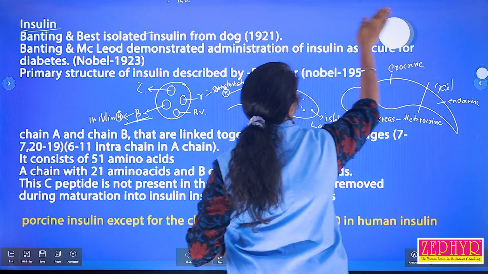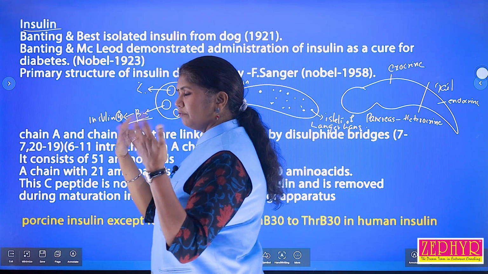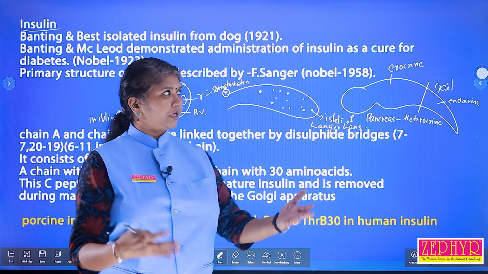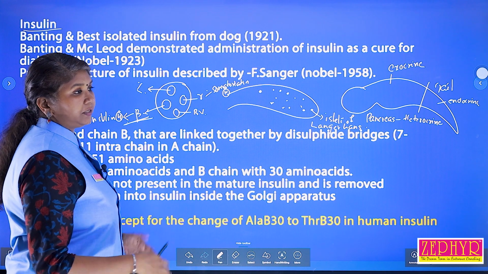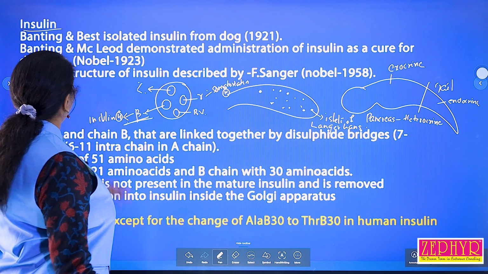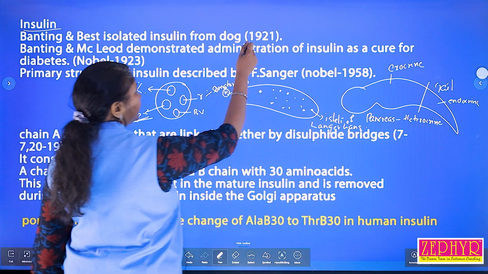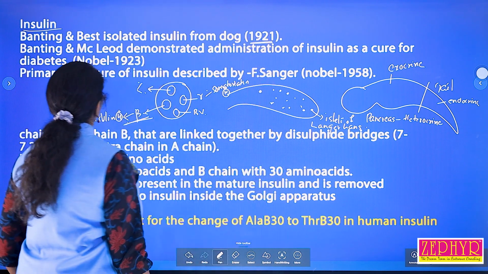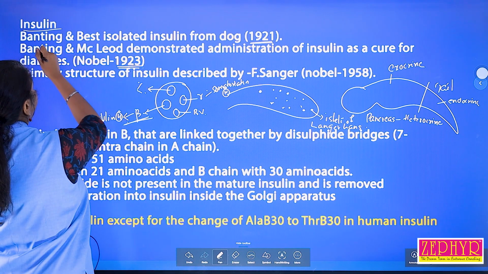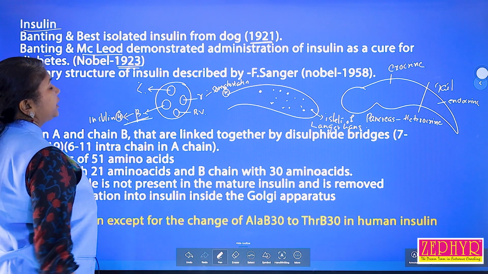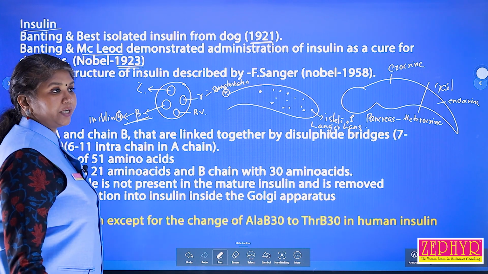So initially, way back, my forefathers might have had an issue because they were finding it very hard to get the insulin and then find a cure for diabetes. So Banting and Best isolated insulin from a dog in the year 1921, whereas the Nobel Prize was given in 1923 to Banting and MacLeod for demonstrating that they can administer insulin as a cure for diabetes.